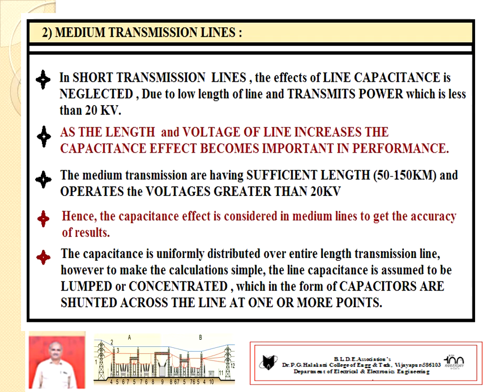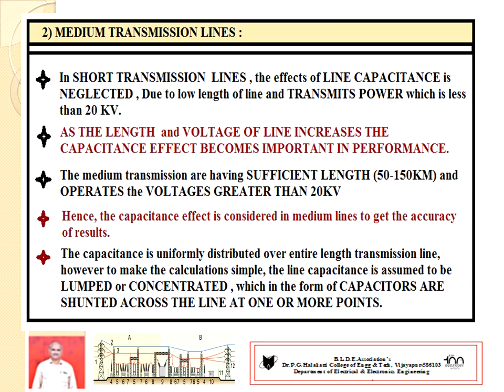It is a well-known fact that in short transmission lines the capacitance effect is neglected, because the length of the transmission line and the transmitting voltage level are also low. But as the length of the line and the voltage of power transmission increase, the capacitance effect is not neglected.